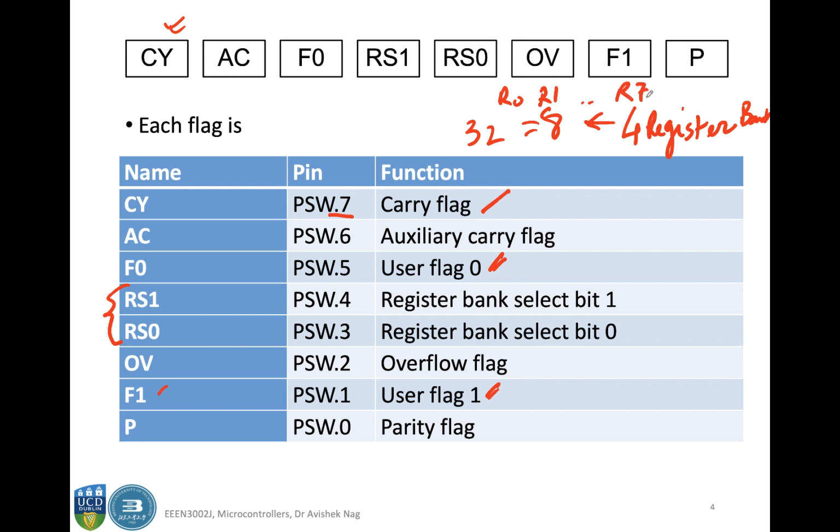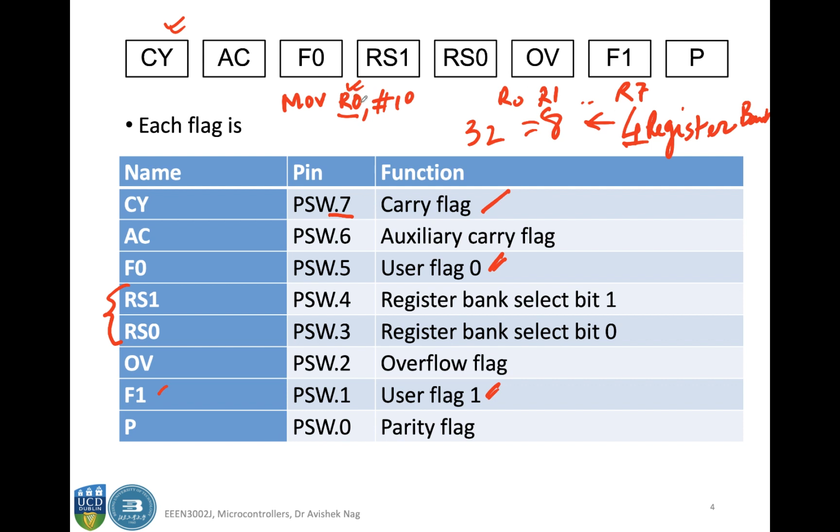So when you are using a register R0, let's say you are writing an instruction to move a number 10 to R0. When you are using this name, this can be the R0 of register bank 1, or the R0 of register bank 2, or the R0 of register bank 3.